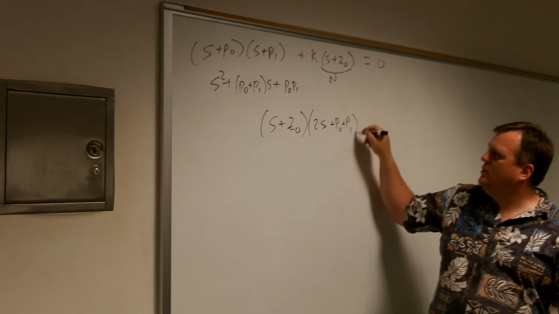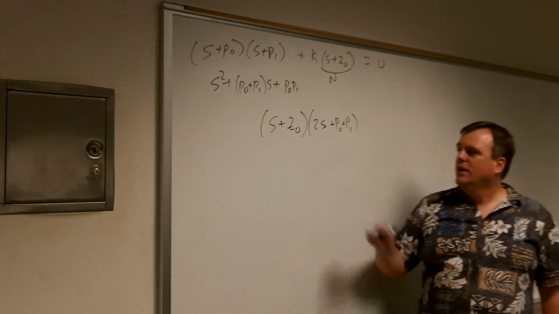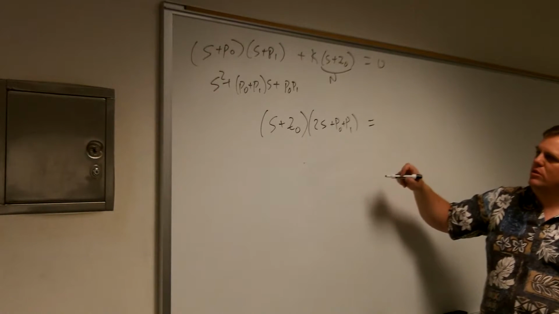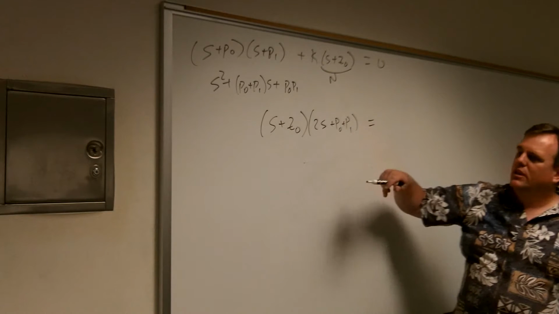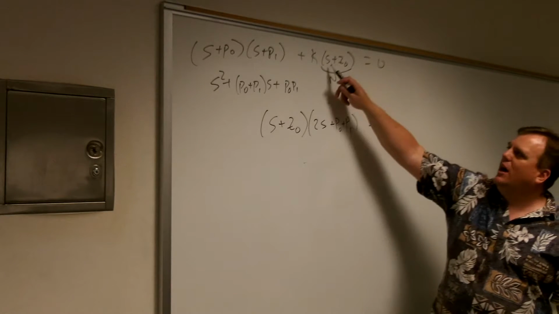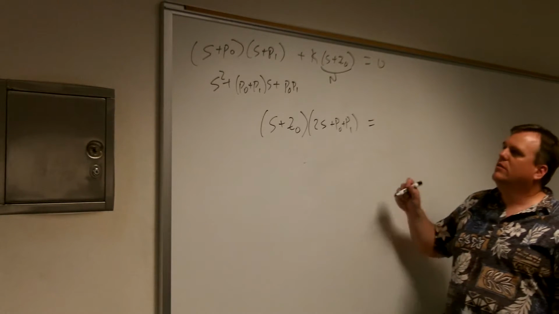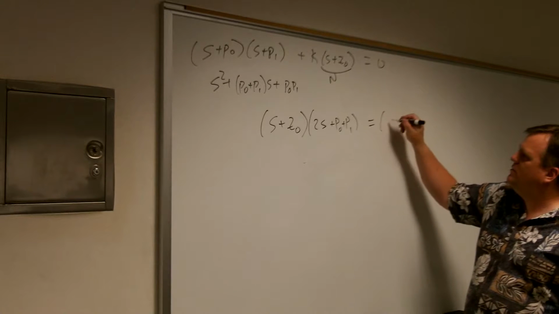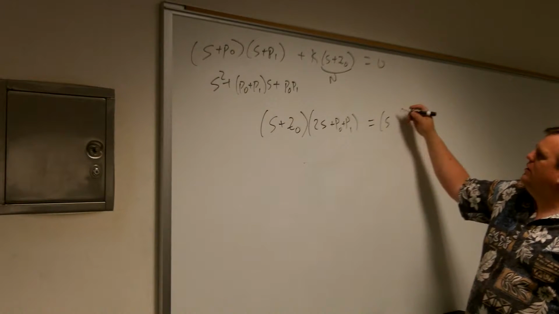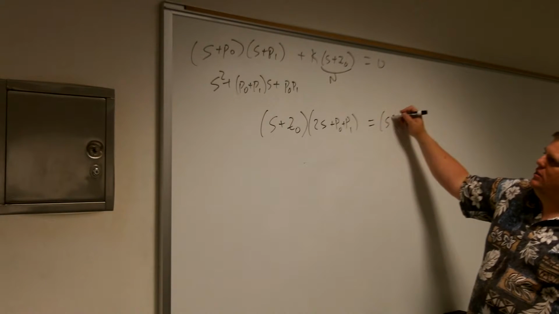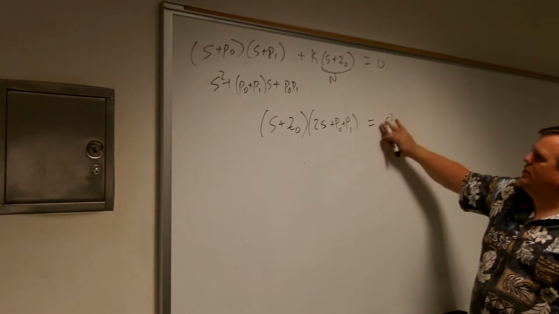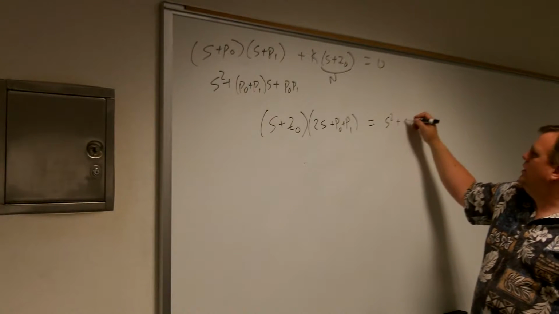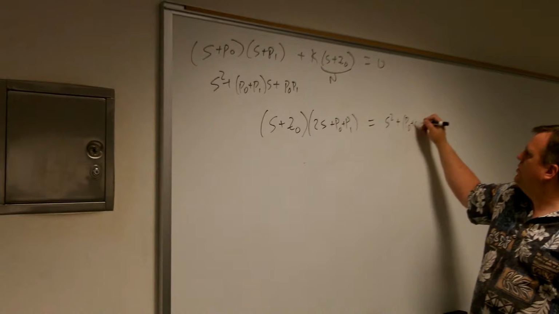And that's got to be equal to n dot times d. Well, n dot is just 1 times d. I get my s squared, well, I just get s squared plus p0 plus p1.